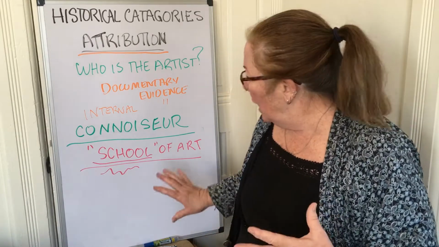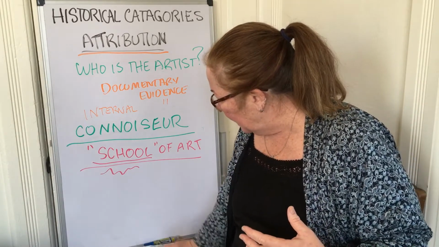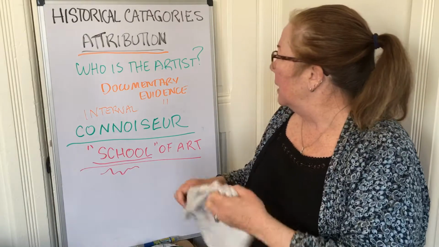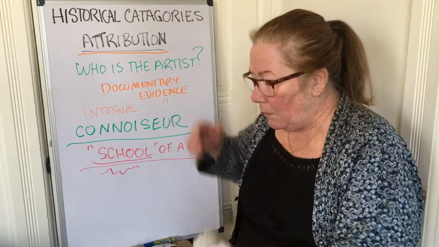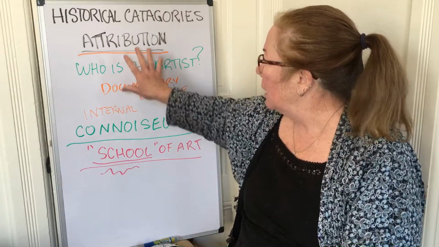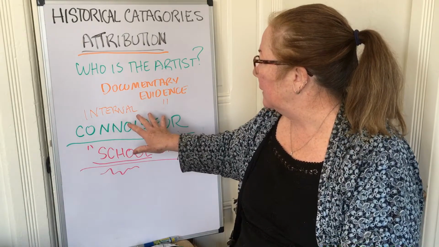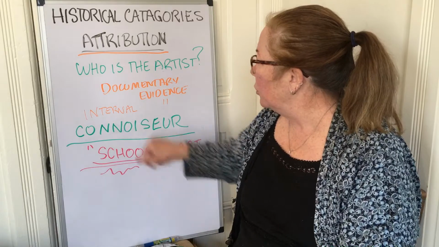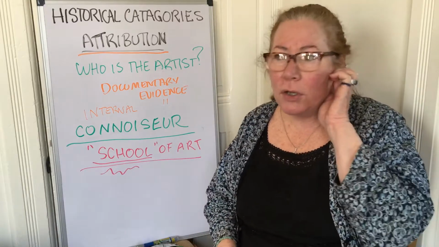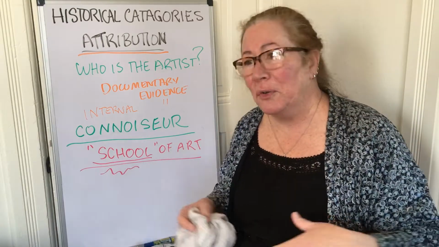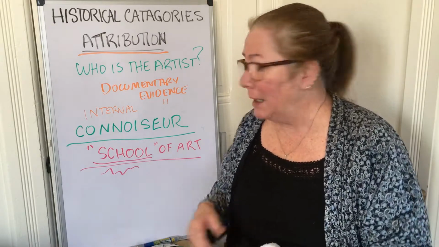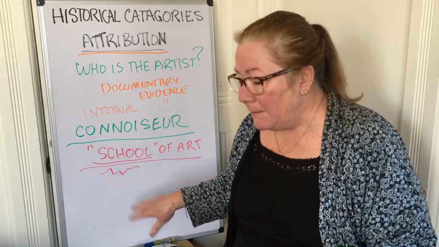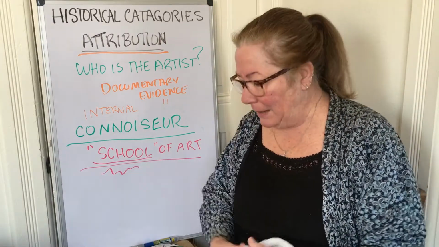And I want to just say, because I think this is really important, when we're looking at attribution in art and who is the artist, and how we use this documentary evidence or internal evidence, a connoisseur is someone who is an expert in art and can identify all these things, including a school of art, right?